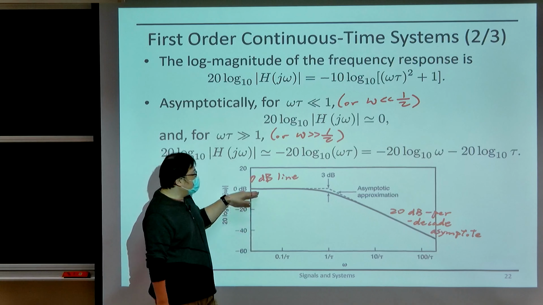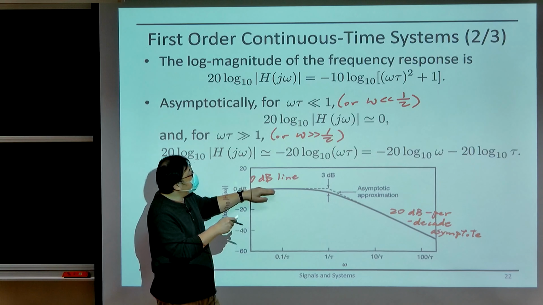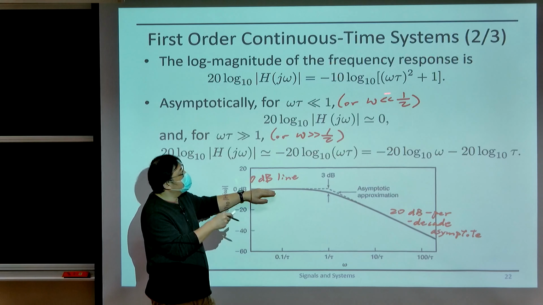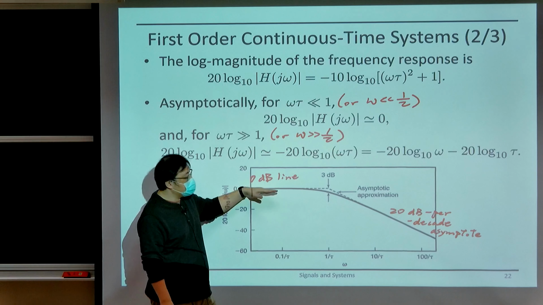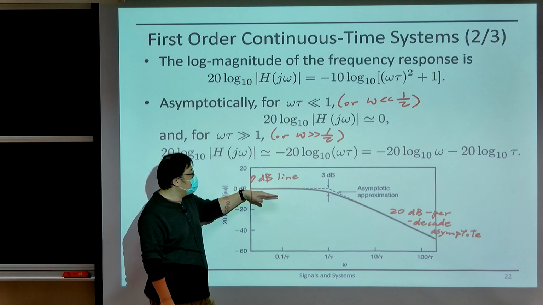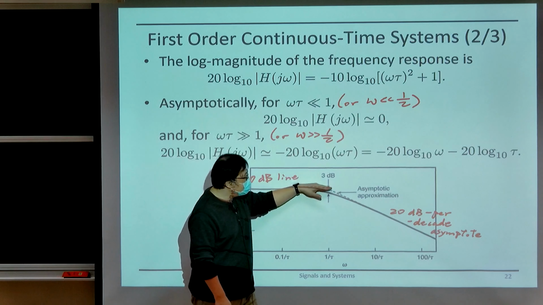So even without calculating out the specific values of this log magnitude, we can already obtain the approximate behavior of this frequency response by just looking at these two lines here.